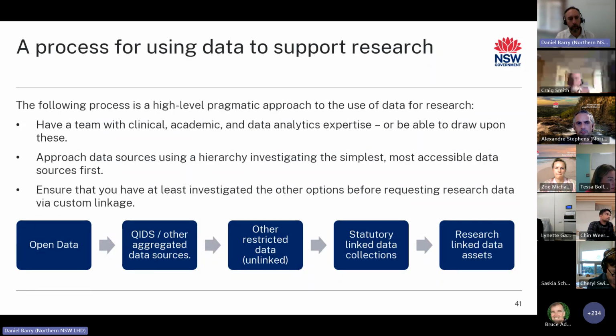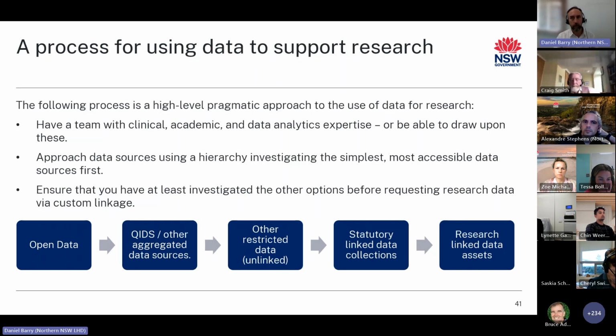What I would argue is that you look through open data, then move towards aggregated data sources, then unlinked restricted data, then the statutory data collections, and then settle on the fact that yes, you absolutely need to undertake a research linkage. You'll spend a bit of time doing that.